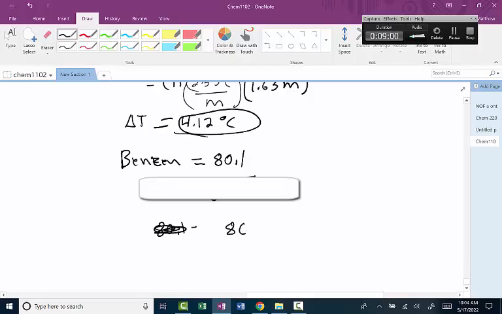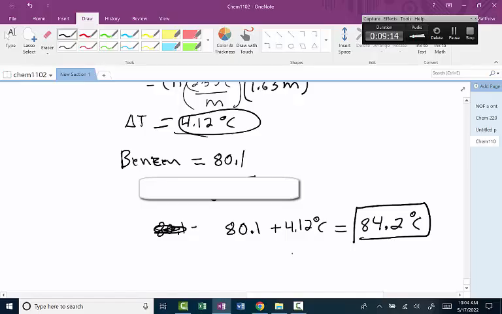So 80.1 plus 4.12 degrees Celsius gives me 84.2 degrees Celsius. And that is the boiling temperature of that. That's one problem.